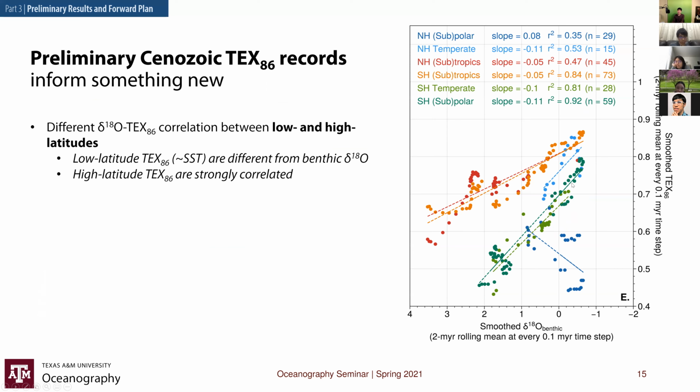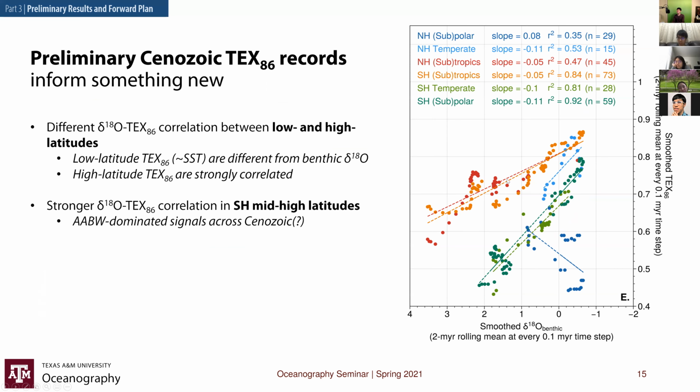The green data points come from southern hemisphere mid to high latitudes, while the red and orange data points come from the tropics. It's clear that the tropics covary much less with the bottom water compared to the southern hemisphere mid to high latitudes. What does this mean?